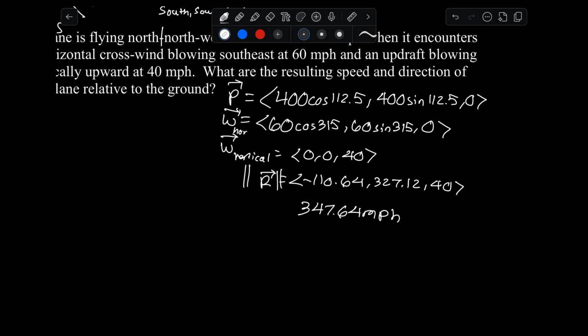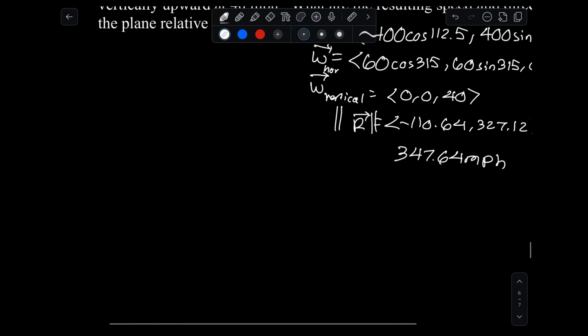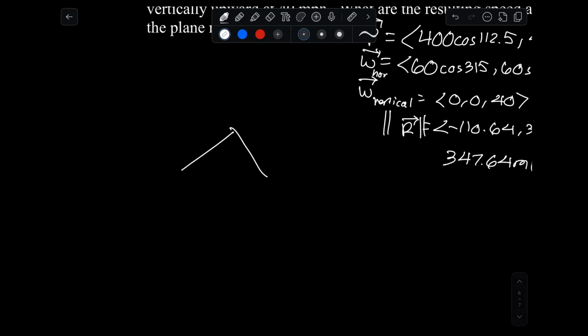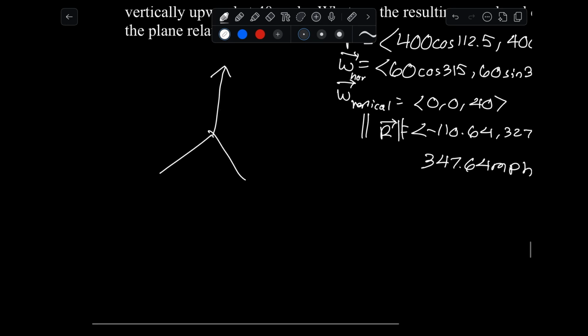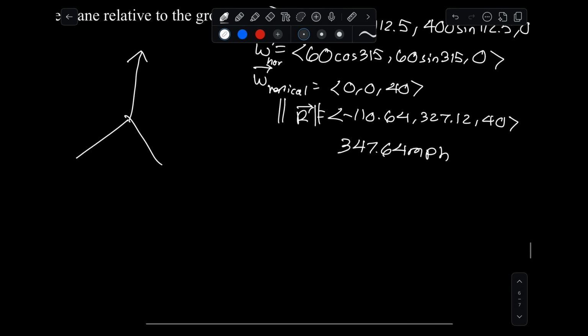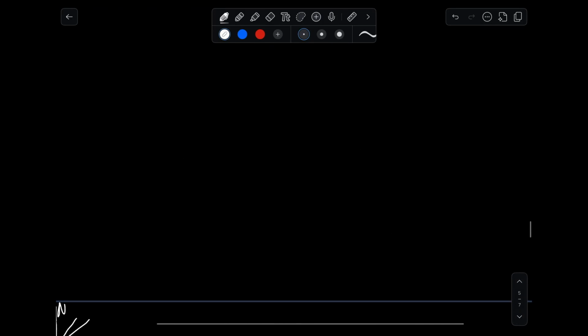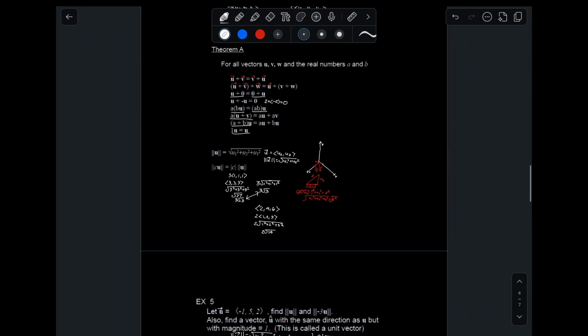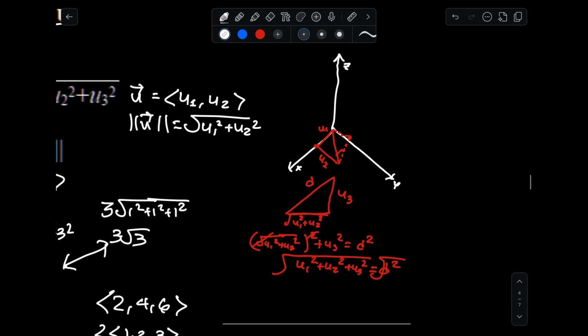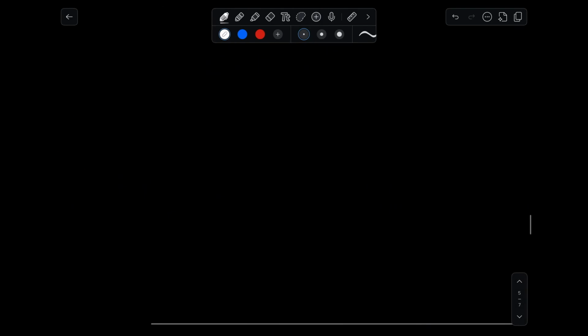Now we want the direction of the plane relative to the ground. So in this case, we have the horizontal, and then we have the vertical as well. It's kind of like what we did earlier above in this example right here, where we did the right triangle to solve for the magnitude. But this time we're going to use the angles instead to solve for the angles.